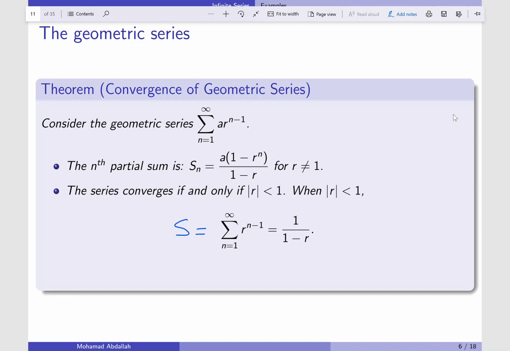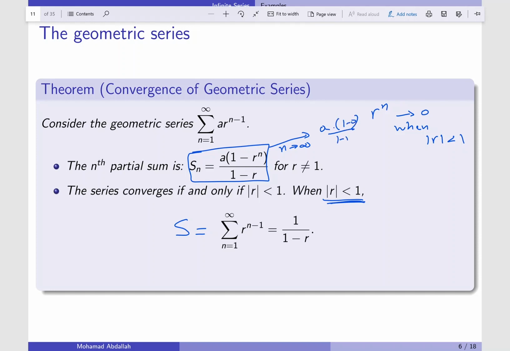So here, we mentioned when we talked about sequences that r to the power n goes to 0 when the absolute value of r is less than 1. So what does it mean here? If I let n go to infinity and take this limit, I'm going to get a times 1 minus 0 over 1 minus r. So basically a over 1 minus r. If I don't have the a, then it's just 1 over 1 minus r.